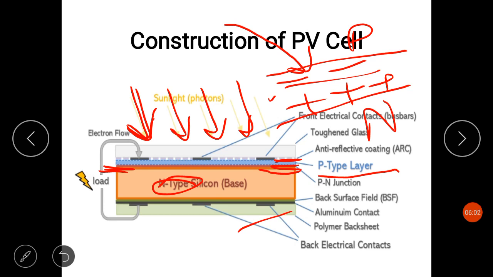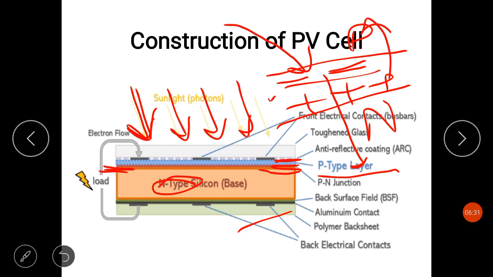So the electron hole pairs formed in the depletion region, the free electrons can quickly come to the n side because of the negative ions of the depletion region, or you can say because of the potential barrier of the junction. Similarly, the holes in the depletion region can quickly come to the p-type side of the junction because of the positive ions in the n side of the depletion region.